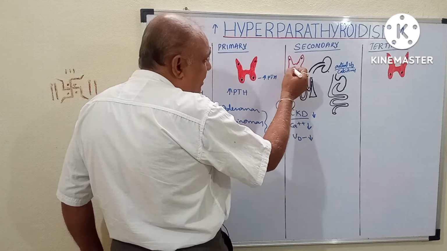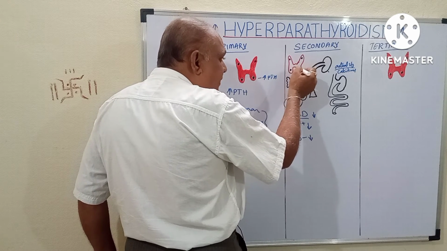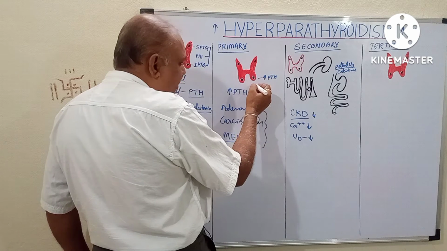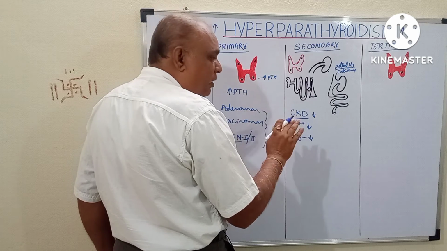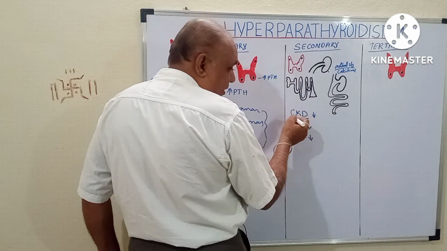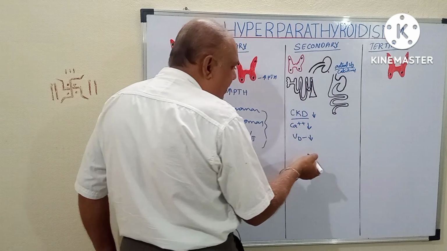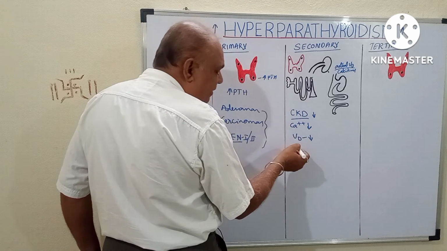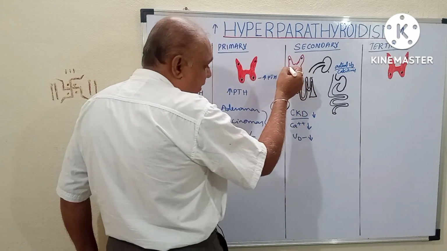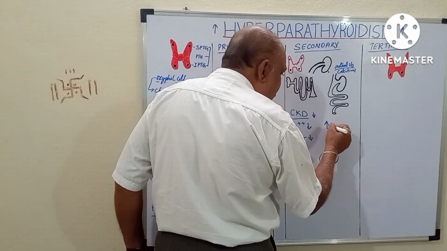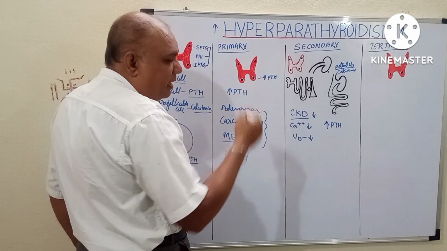This will stimulate the parathyroid gland, but the parathyroid glands themselves are not affected; they are releasing the parathyroid hormone normally. But due to the severe or chronic kidney disease, the improper function of the kidneys will reduce the calcium and vitamin D, and that will stimulate the parathyroid gland to increase the secretion of parathyroid hormone. That will lead to secondary hyperparathyroidism.